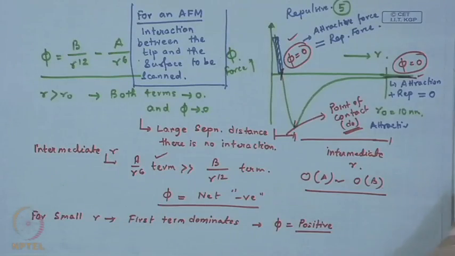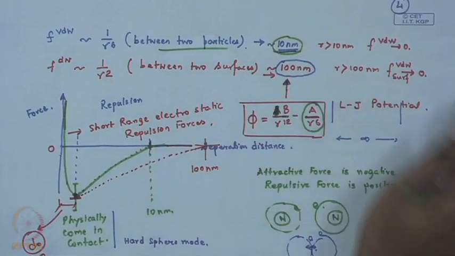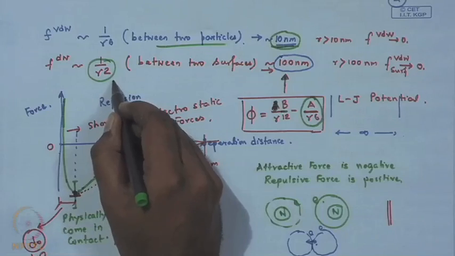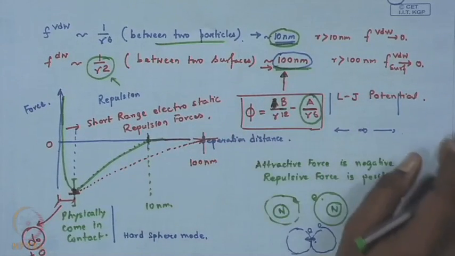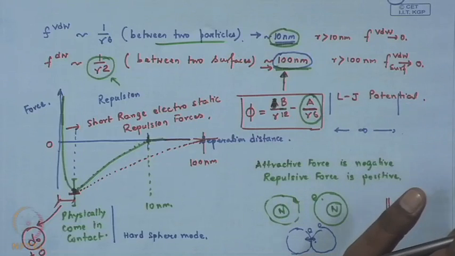This stretches up to roughly 10 nanometer. Between two surfaces, the scaling changes to 1 by r square, so the decay becomes more sluggish and the interaction stretches up to roughly 100 nanometer.